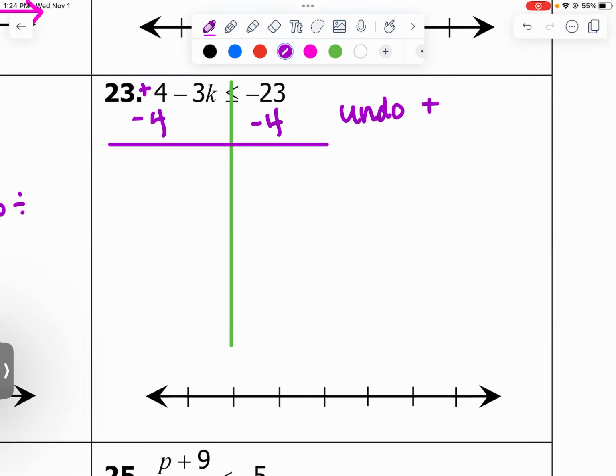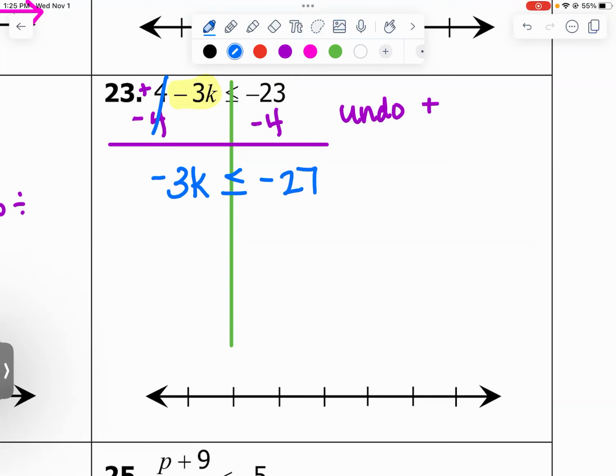We don't see it. It's just implied that it's a positive 4. Okay, so these cancel. Here's what I'm really worried about. I want everybody to look. This negative sign, did we undo it? Nope, it's still there. Do you have -3K is less than or equal to -27?